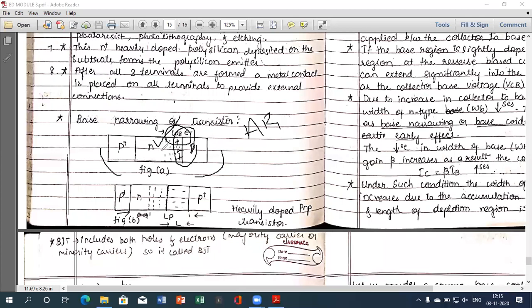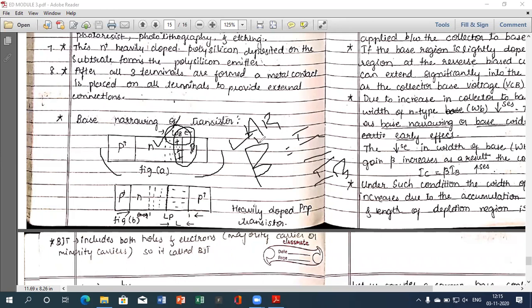So now what happens when the base gets narrow? When the base gets narrow, the current gain beta, I hope you guys know the beta, which is nothing but IC by IB, starts increasing because of the narrow base.